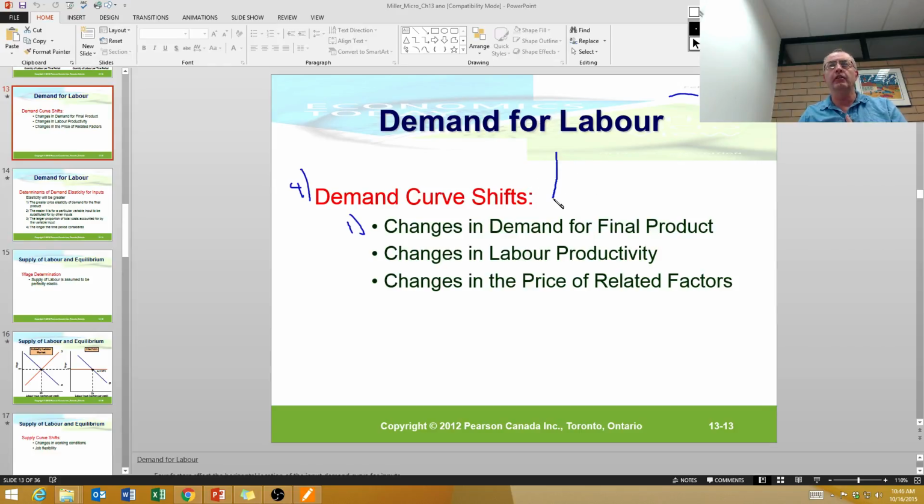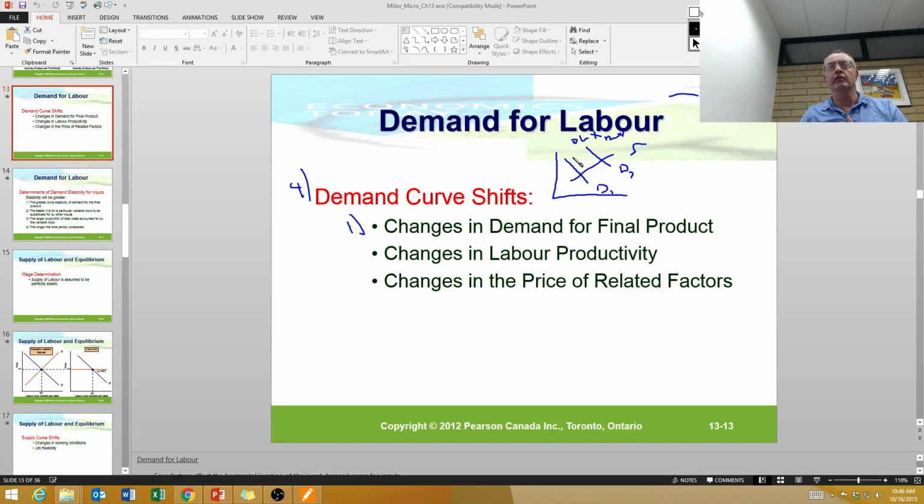So here's the output market, and here's our supply curve, here's demand for the output, demand number 1 and demand number 2.